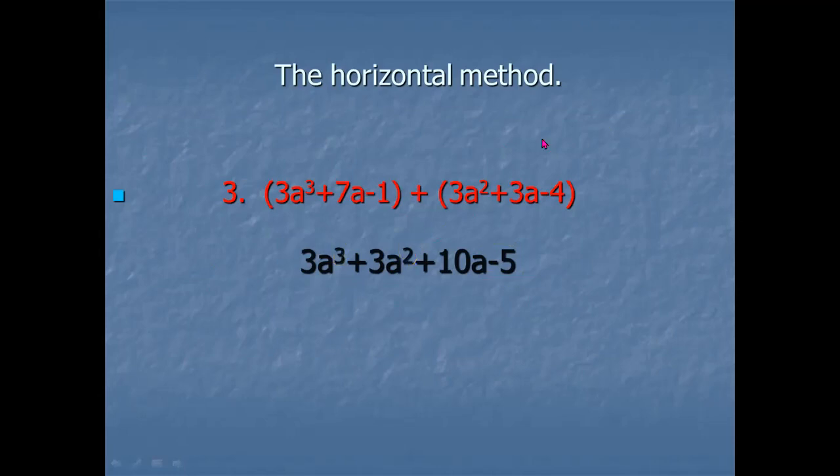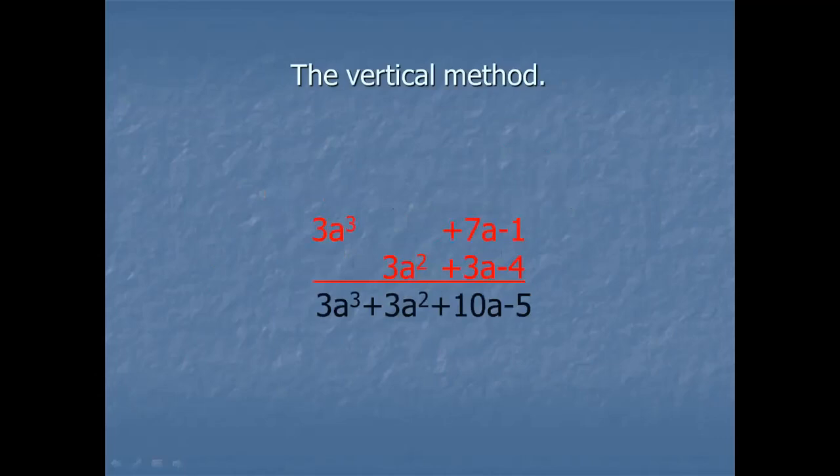Next, if we use the vertical method, we get the same answer, but take note here, a cube and a square do not have the same term, because they have different exponents or powers.